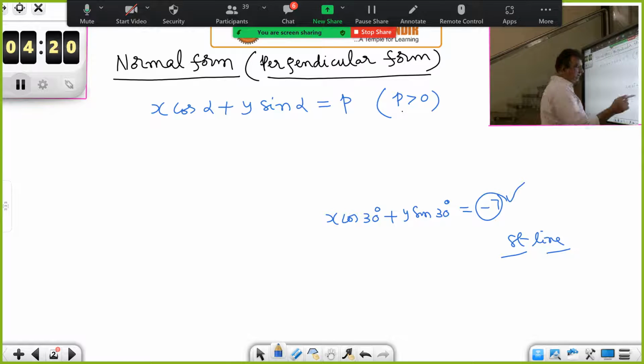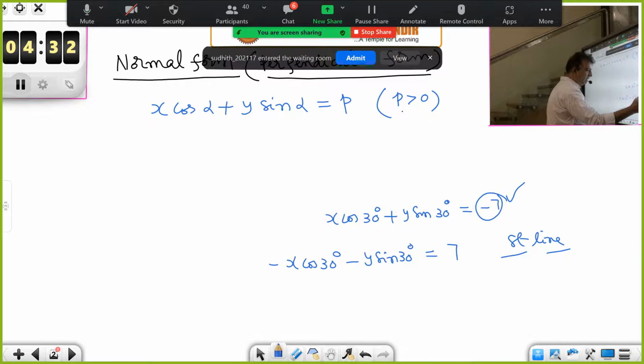So, how to put it in the normal form? We transfer that minus sign to the left side. Minus x cos 30 minus y sin 30 degrees is equal to 7, and then this minus also should not appear outside. It must be taken inside, it must be given to the angle.